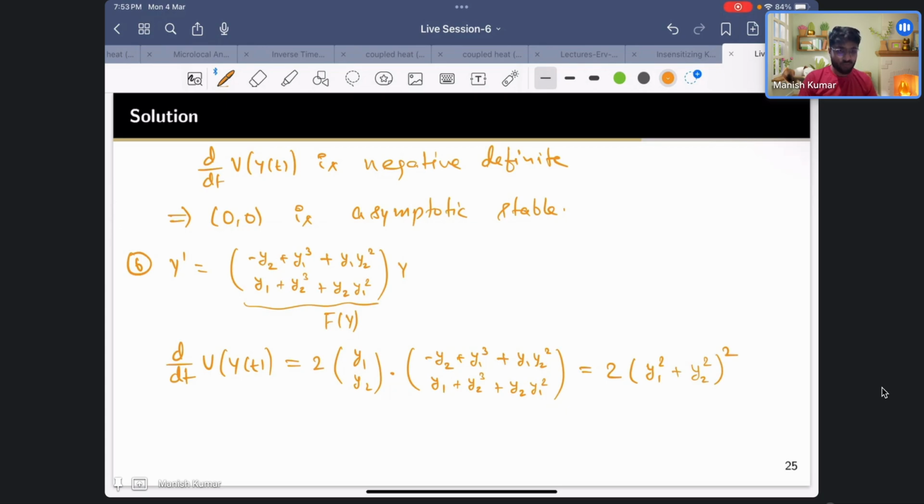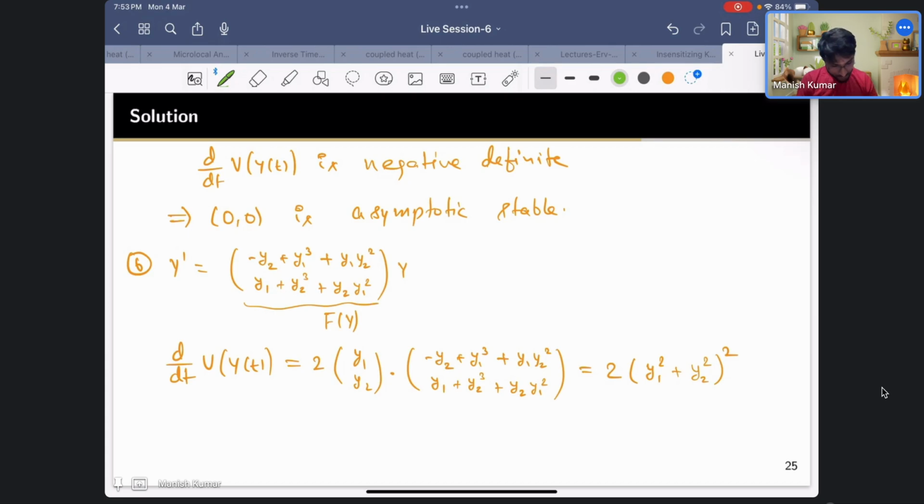I mean, so from here we can clearly see that this functional is not appropriate for stability or asymptotic stability, because for those things we know that this should be less than or equal to 0, but here this is greater than or equal to 0. So let us check whether this functional is suitable for instability or not.